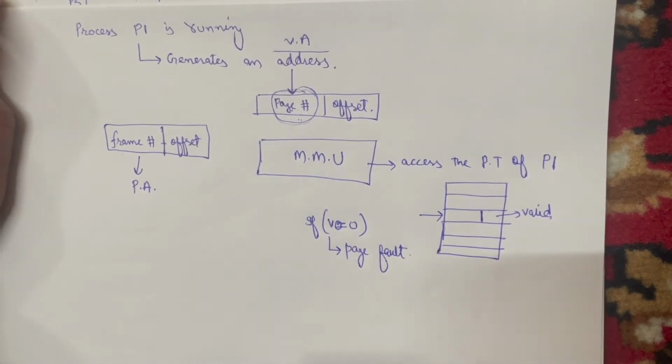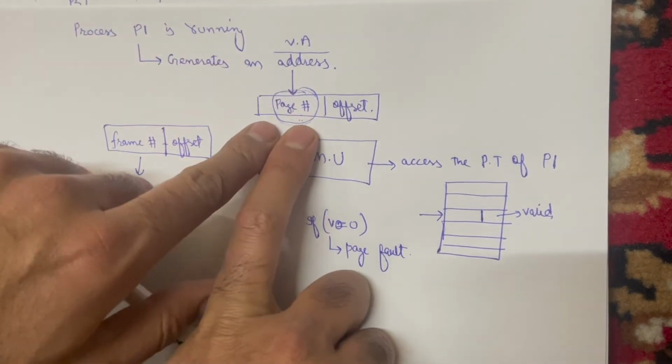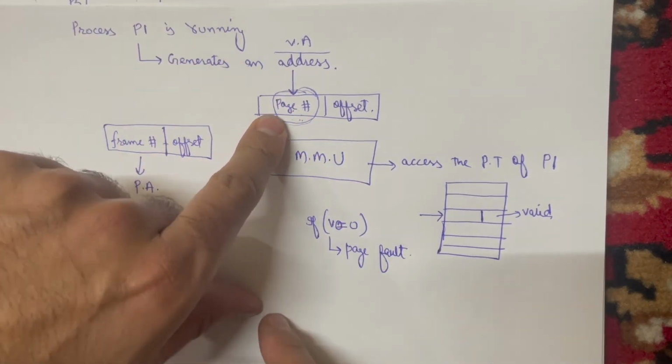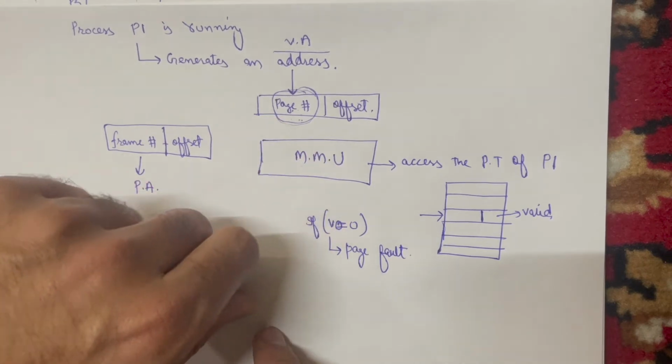Page fault means that I am looking for an address in a page, but that particular page is not mapped into the main memory.